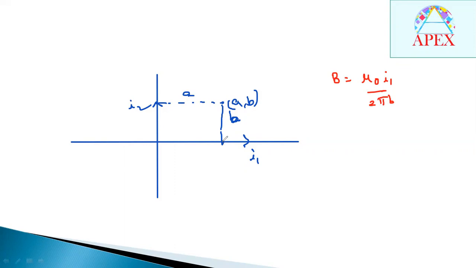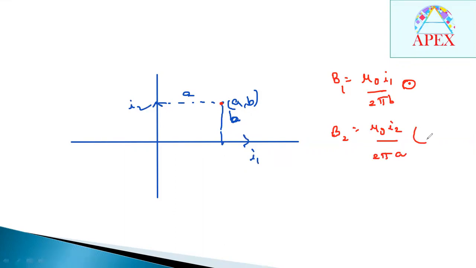If we just use the right hand thumb rule, what is the direction of the magnetic field here due to the first wire? By using the right hand thumb rule, it is just outside the paper. That means it will be just like this. And in case of the second wire, B2 will be mu naught I2 by 2 pi a.